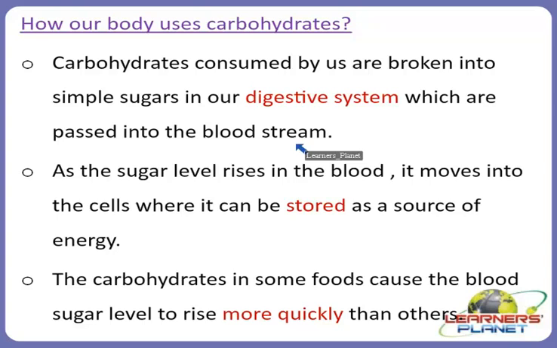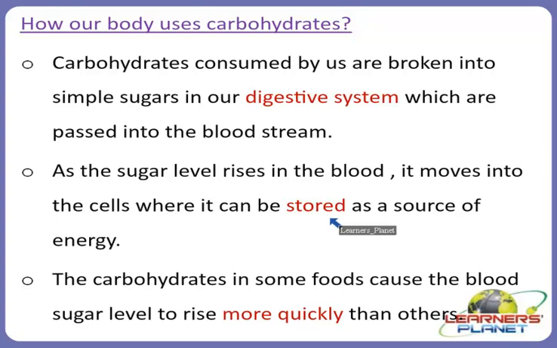And how will it work after passing into the bloodstream? As the sugar level rises in our blood, it will move to the different cells of our body, where it can be stored as a source of energy. So whenever we require energy for carrying out any activity, this stored form of energy will be utilized by our body, right?